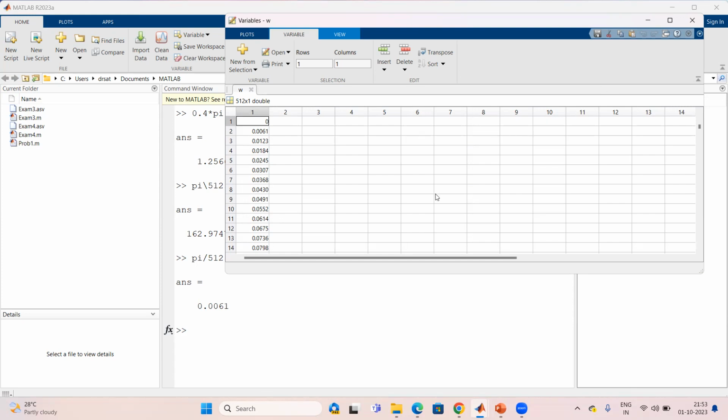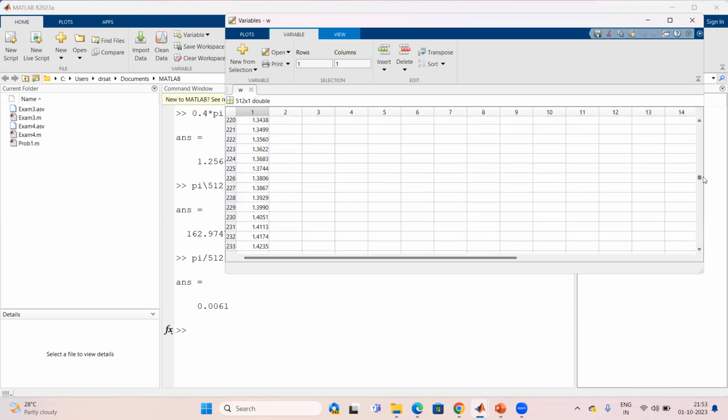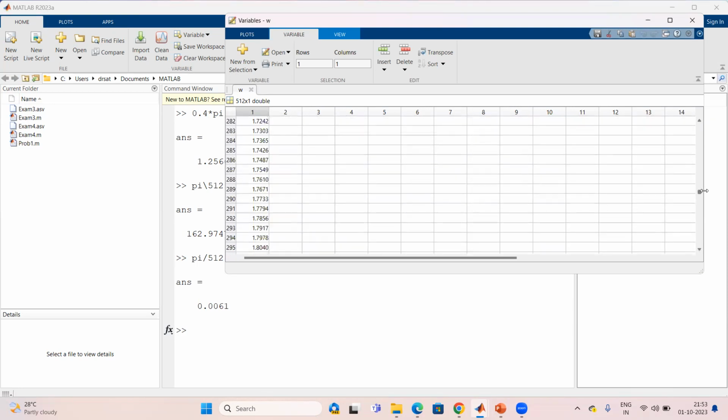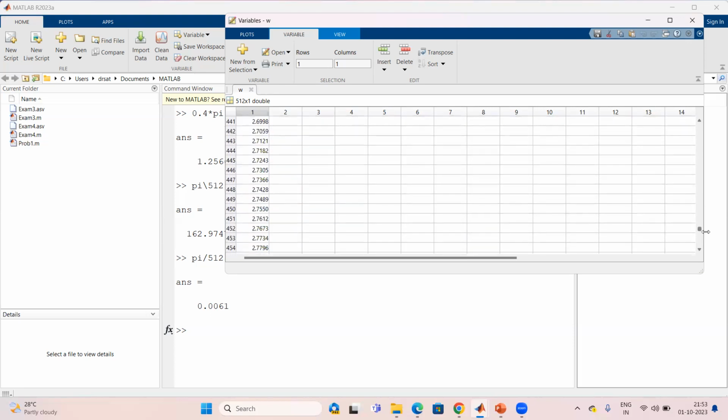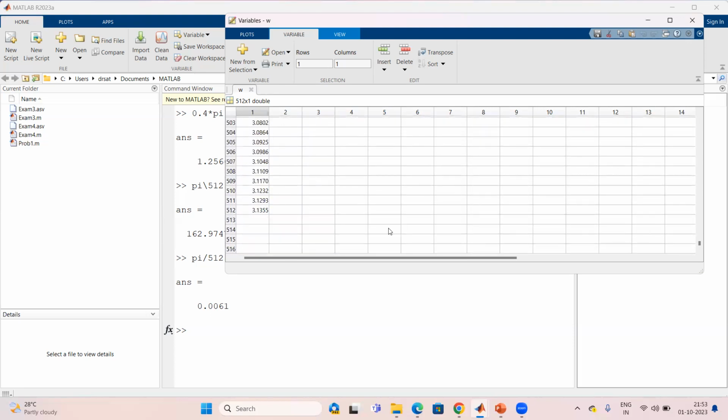So we can easily verify that here. And obviously it is going to have a maximum value which will be pi or less than pi. Here you can see the maximum value of omega is 3.1355. How are we getting this value?